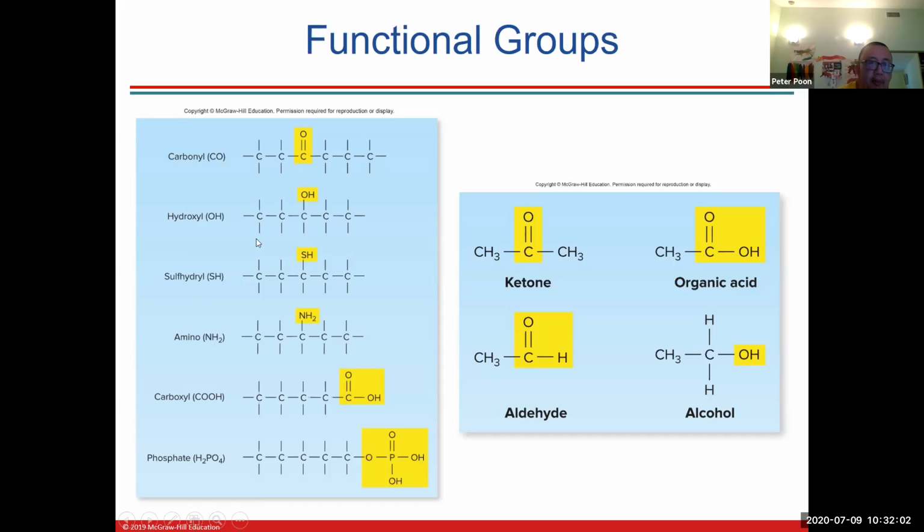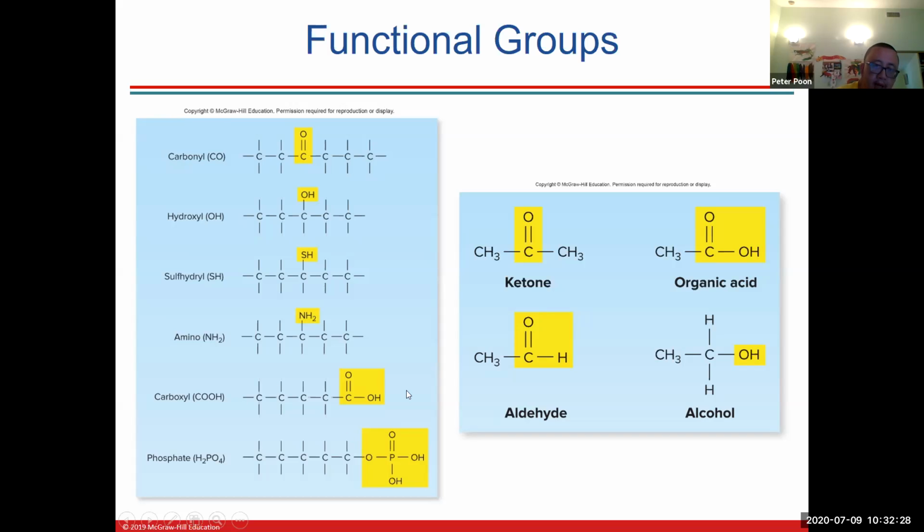Hydroxyl group is an OH. Hydroxyl groups are found in things like alcohols. Sulfhydryl groups, or sulfur groups. Amino groups, that's an important one: nitrogen, NH2.